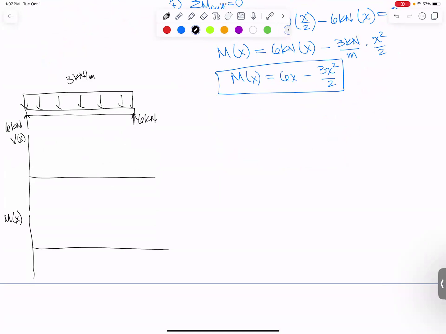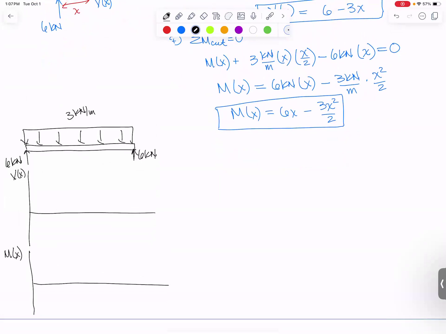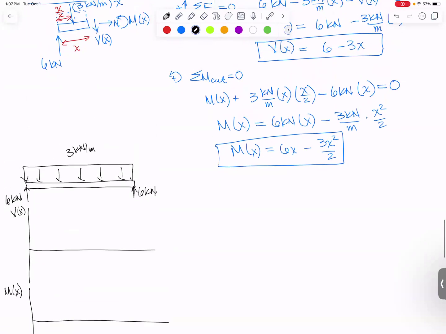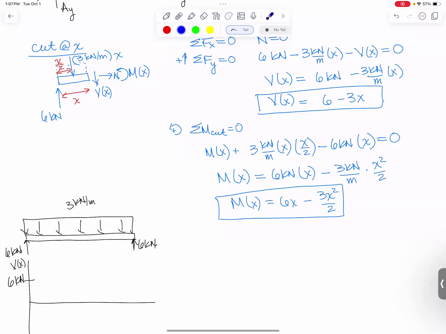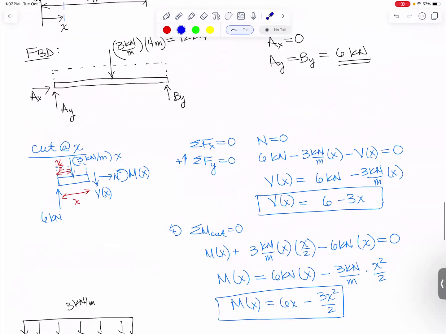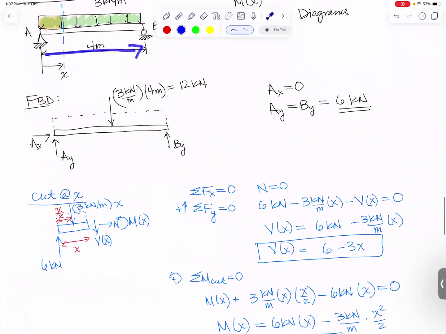And again, it's really helpful to just look at what the endpoints will be and maybe what shape it will have. So I'm going to plot V equals 6 minus 3X. If I plug in X equals 0, the V will be up at 6 kilonewtons. On the other end, what happens when X is at the far end? This whole thing was 4 meters wide.